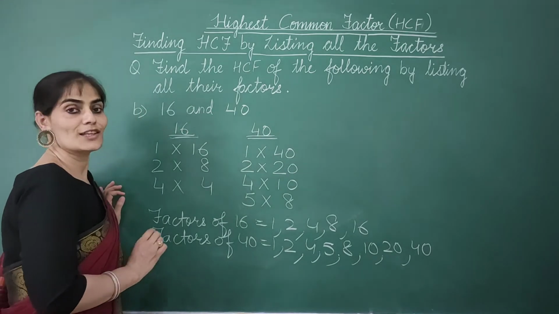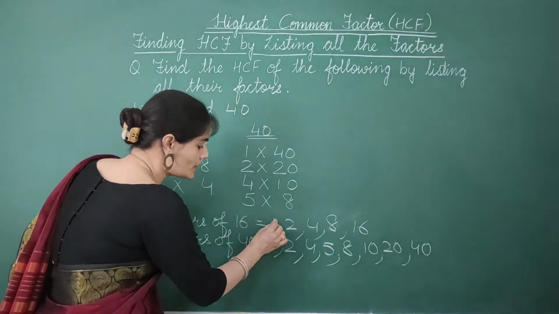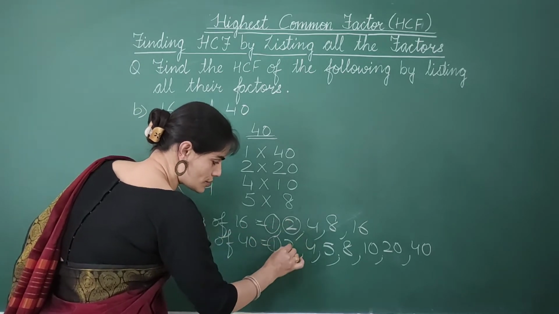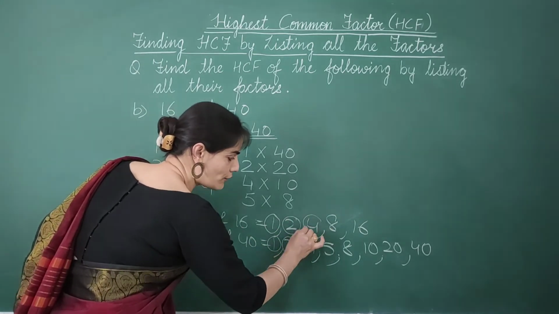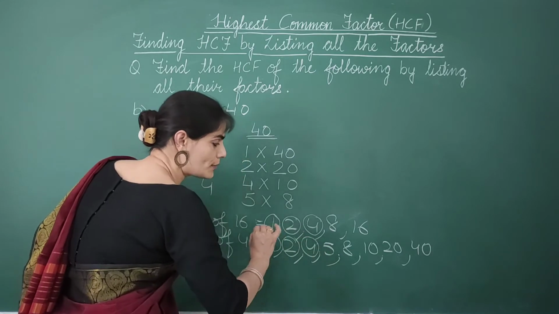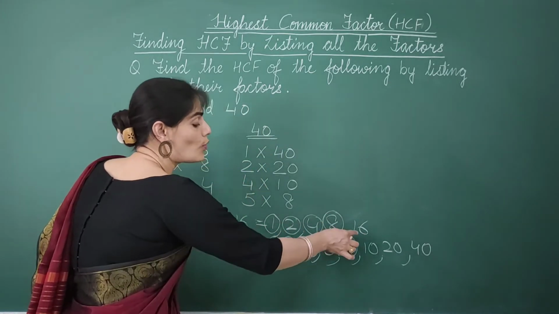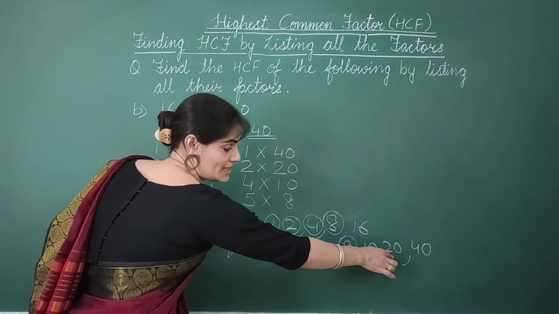Let's select the common factors from here and we are going to circle them. 1, 2 is also common. Then we have 4. 4 is also common. Now we have 8. 8 is also common. What about 16? Do you find 16 here?